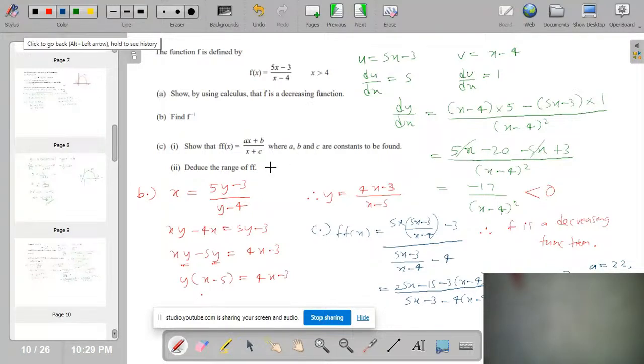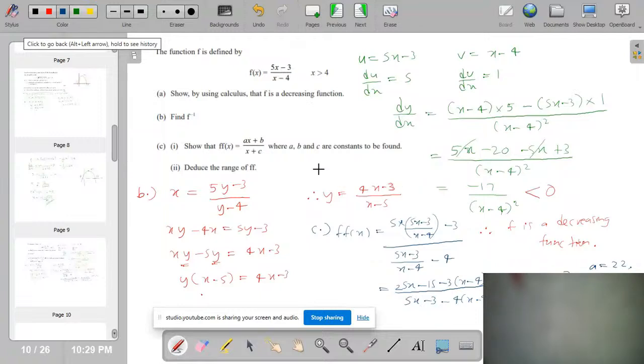Last part of the sum is regarding the range of function f of f of x. That means composite range. If you look at the original function, it is greater than 4, right? It is greater than 4. So normally what should happen, the range of the composite function has to be within the range of, sorry, range of the given function.